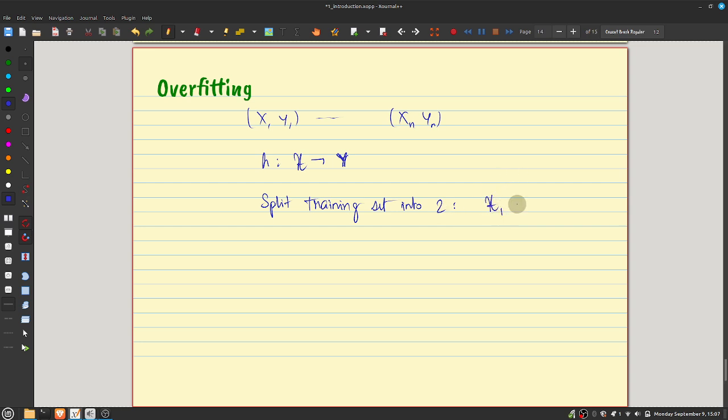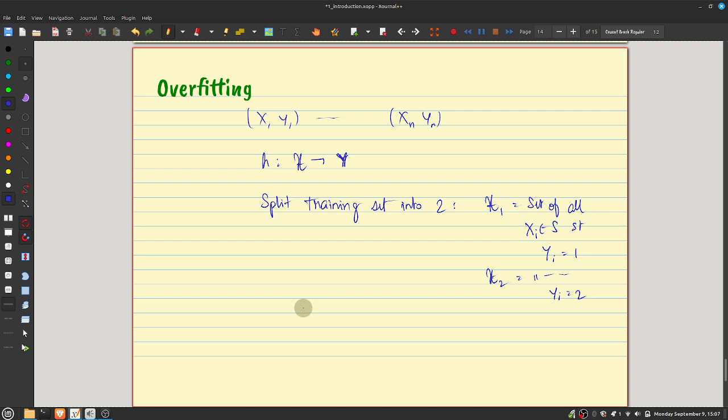Let me call x1 the set of all x which belongs to the training set, such that the corresponding yi is equal to 1, and maybe x2 is the set of all xi such that yi is equal to 2.